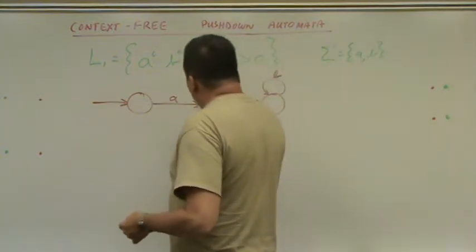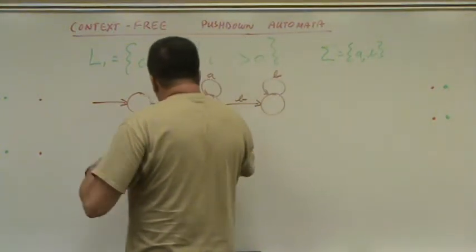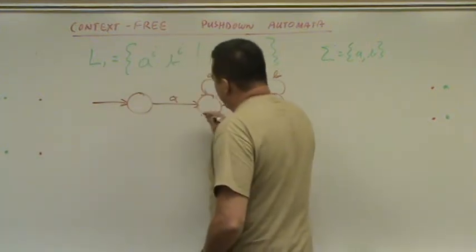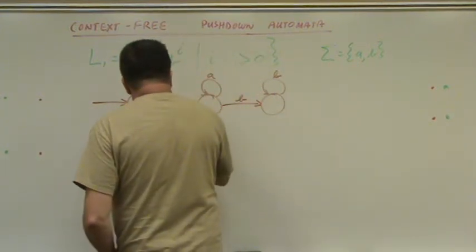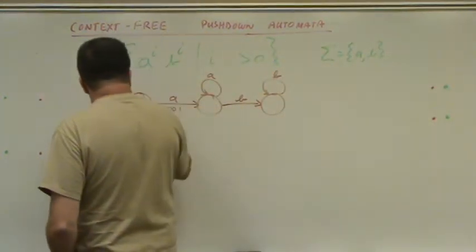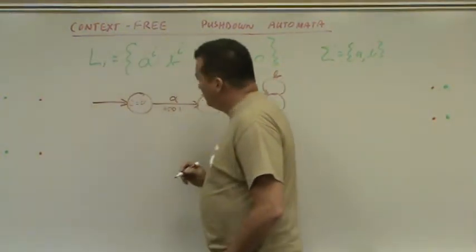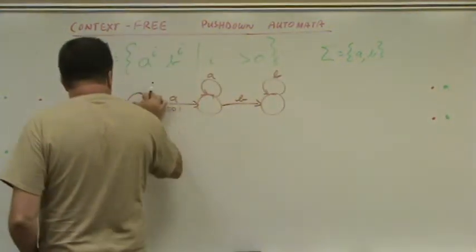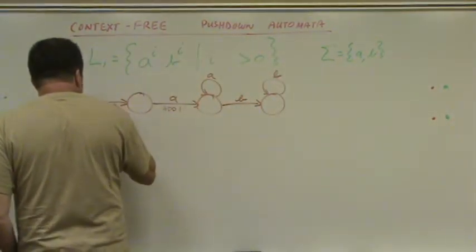So when we read an A, we're also going to add a 1 to our counter. We're going to start off with count equals 0. So this is really our start arrow. I'm going to put it here: count equals 0.